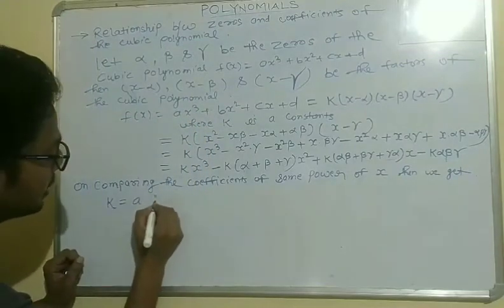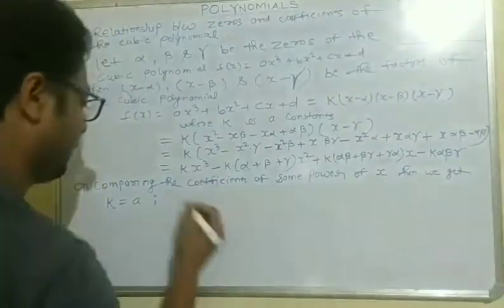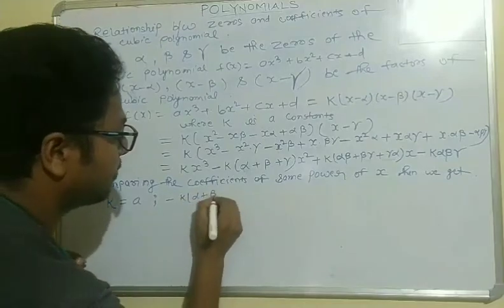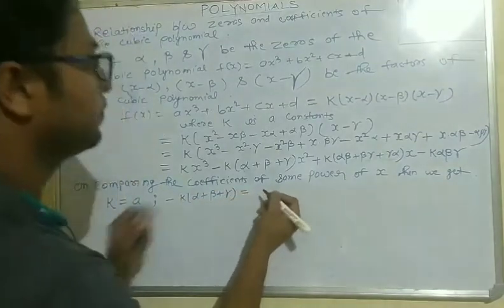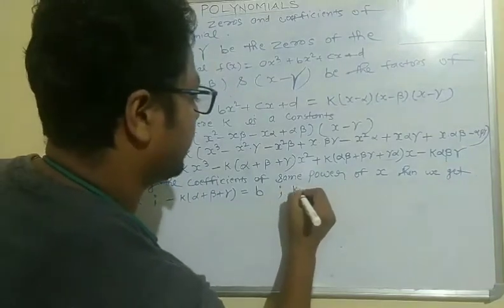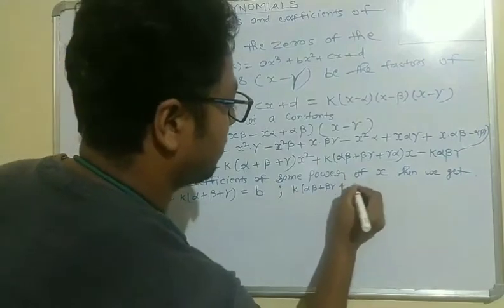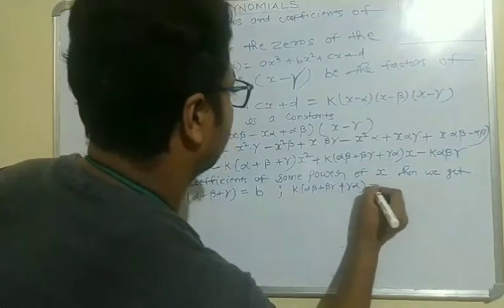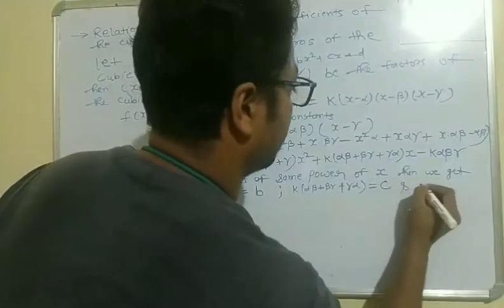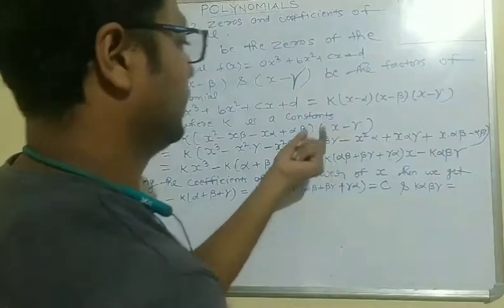I have already mentioned that the value of k depends on the coefficient of x cube. Minus k times (alpha plus beta plus gamma) equal to b, k times (alpha beta plus beta gamma plus gamma alpha) equal to c, and k times alpha beta gamma equal to minus d.